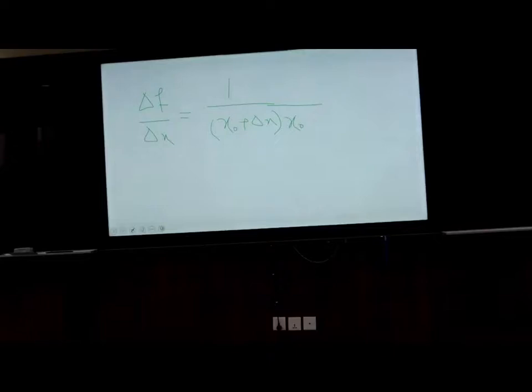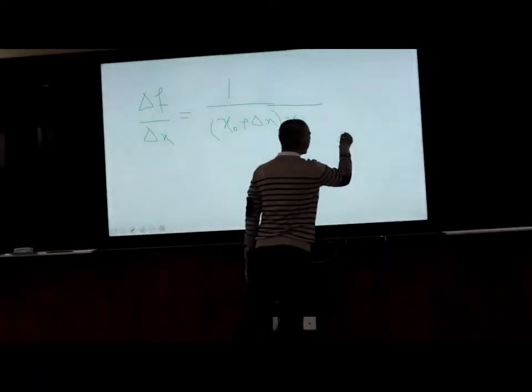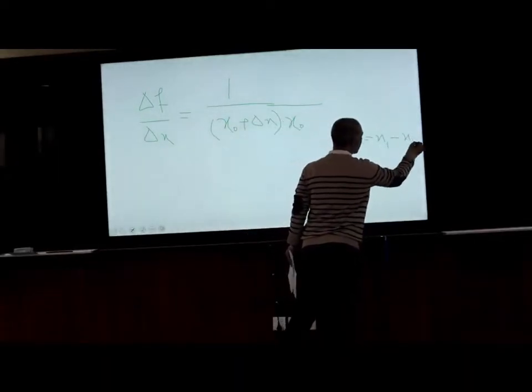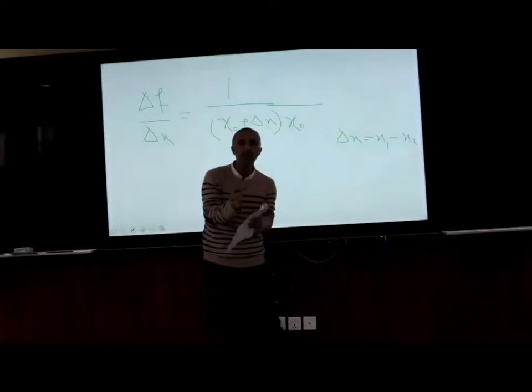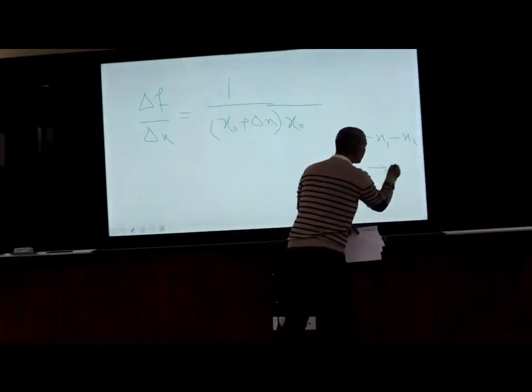Let's apply the limit. Okay, we want to notice the change at an instant. Of course, we will apply that the difference between delta x, that is x1 minus x2, should be very small, or you can say that x1 is very near to x2, or delta x approaches 0.